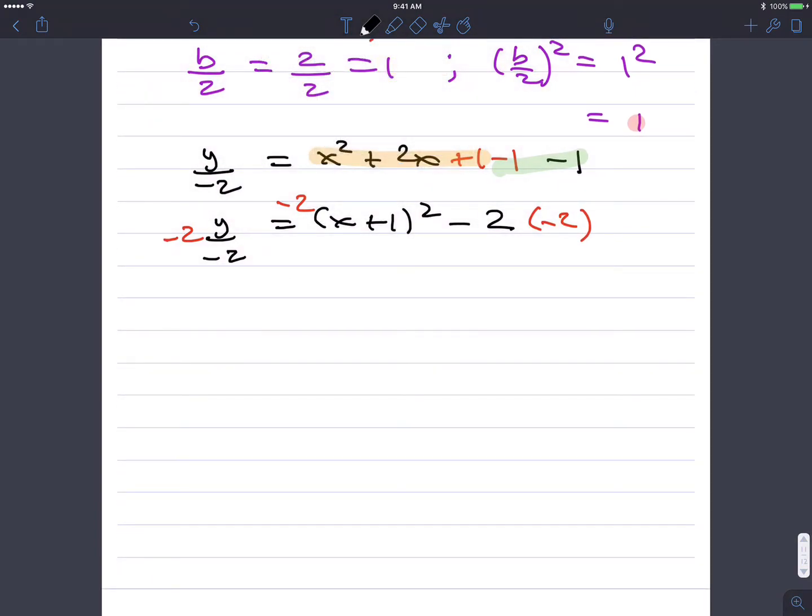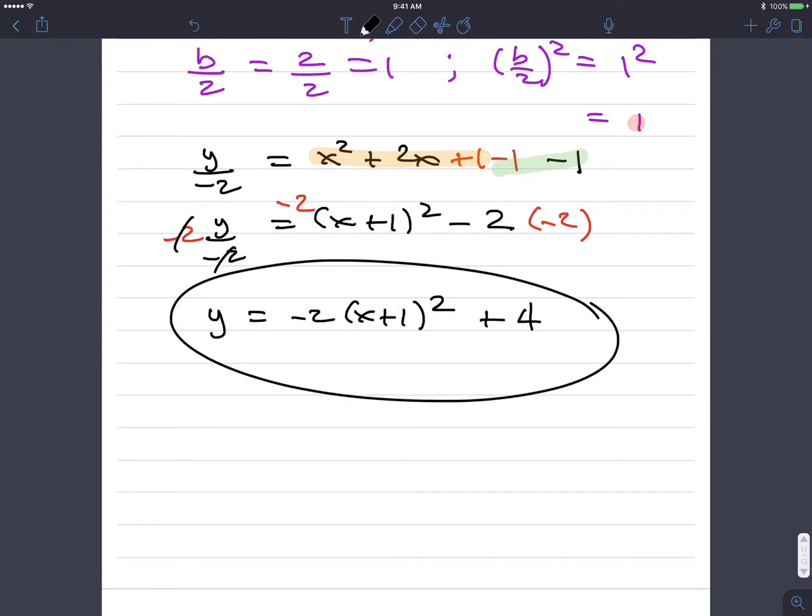We get y, because these negative 2's cancel, is negative 2 times x plus 1 squared plus your 4. And that's number 21.